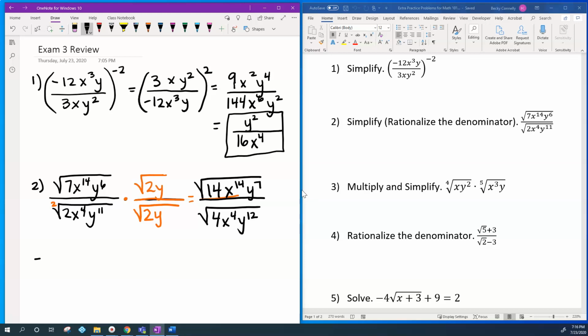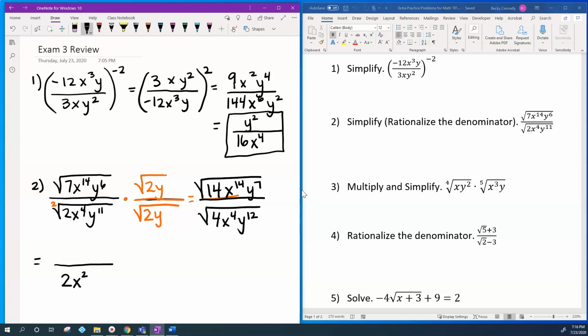Let me come down here. On the bottom, we know that everything is going to come out as whole numbers because we made it do that. That whole reason why we multiply by the square root of 2y is so that would happen. So the square root of 4 is 2. The square root of x to the 4th is going to be x squared.